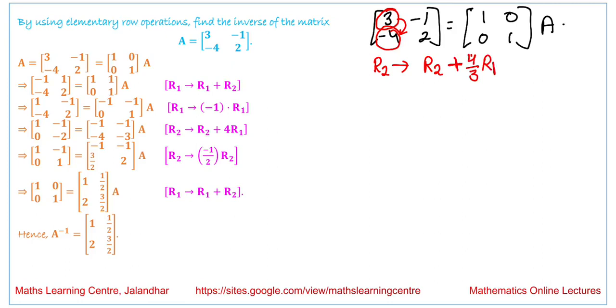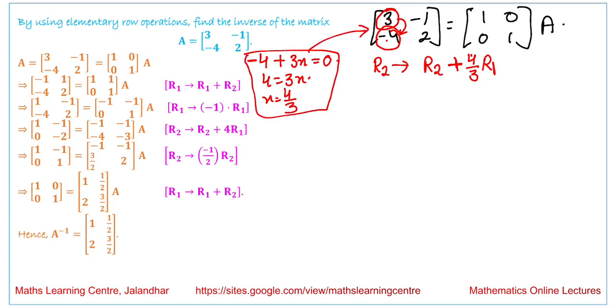What we want to do is make this minus 4 into 0, so we add 3x to it and it should be 0. We say minus 4 plus 3x should be 0, so we get 4 is equal to 3x, so x is equal to 4 by 3.